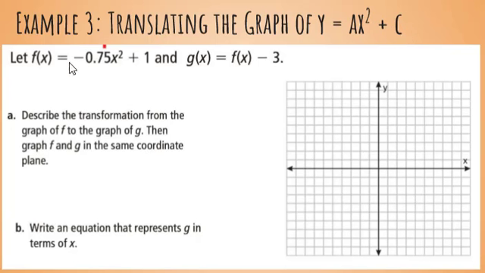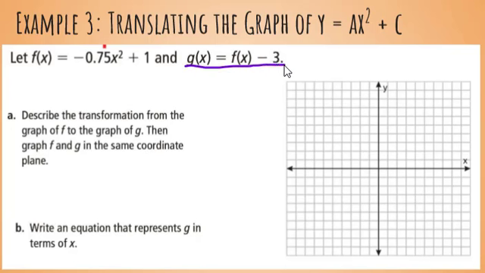So example 3 is translating the graph of y equals ax squared plus c. So it says let f of x equal negative 0.75 x squared plus 1, and g of x equals f of x minus 3. And we need to describe the transformation from the graph of f to the graph of g, and then graph both on the same coordinate plane. So when you're describing the transformation, we're looking at this equation here. So we have g of x equals f of x minus 3.